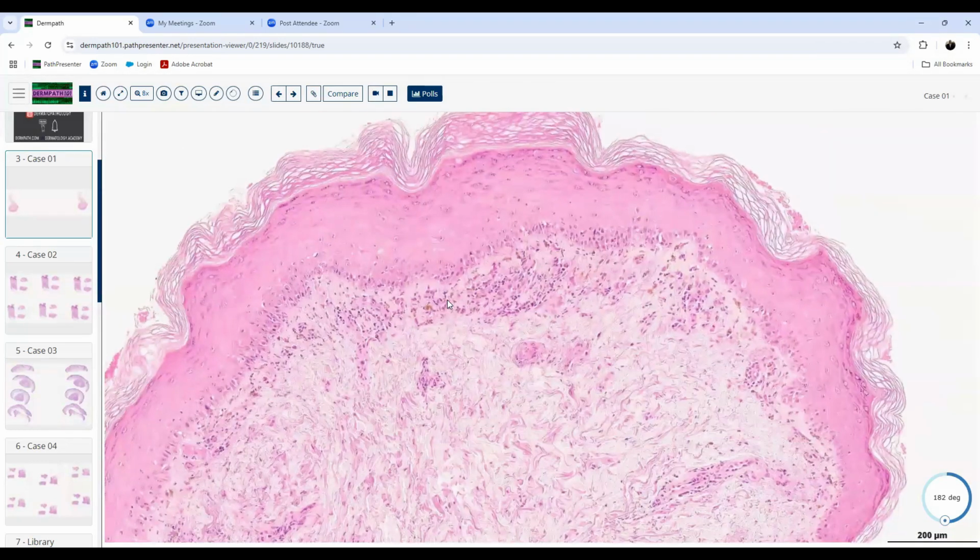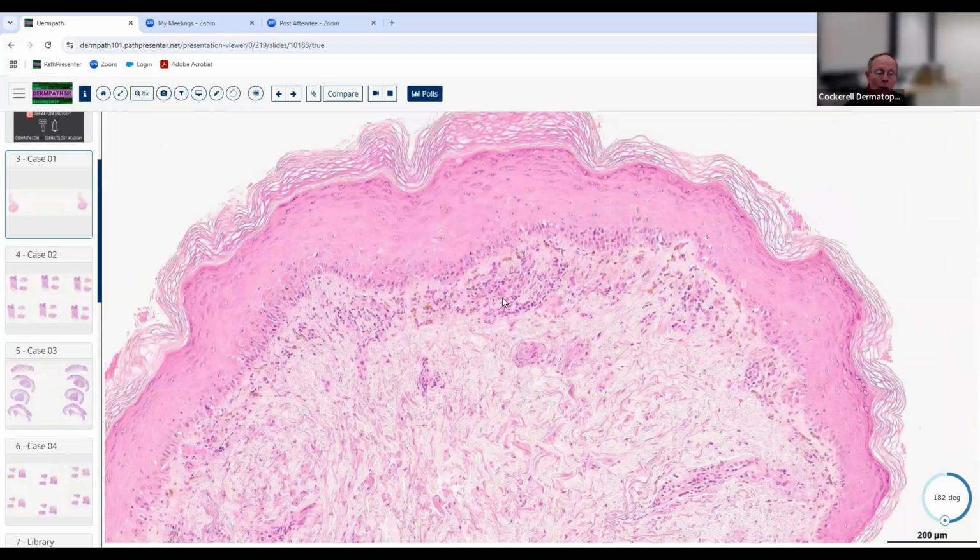Yeah, so it's looking at things like potentially lupus, potentially erythema multiforme, or viral exanthem. I was thinking of graft versus host, and then maybe even early T cell lymphoma.